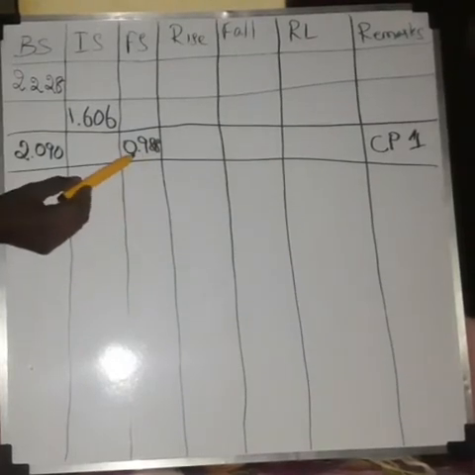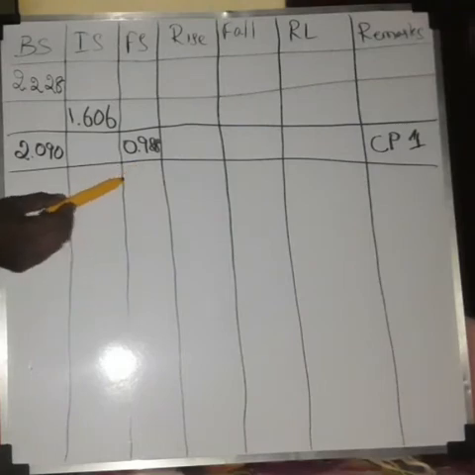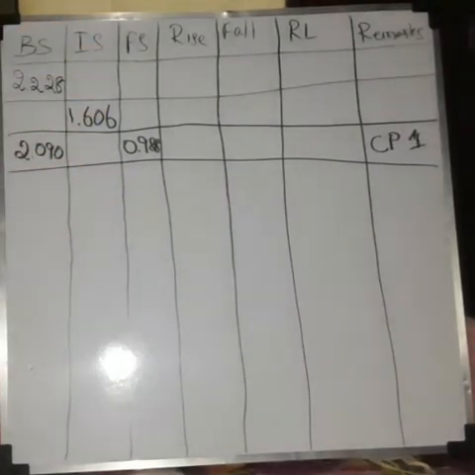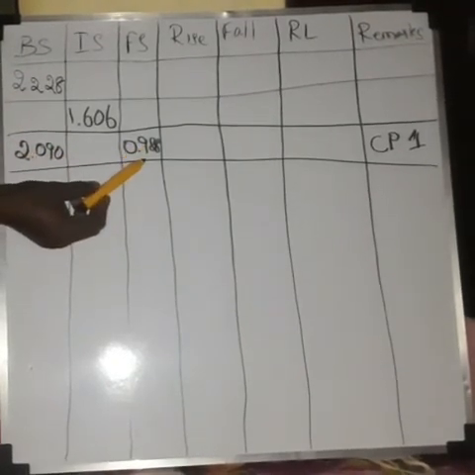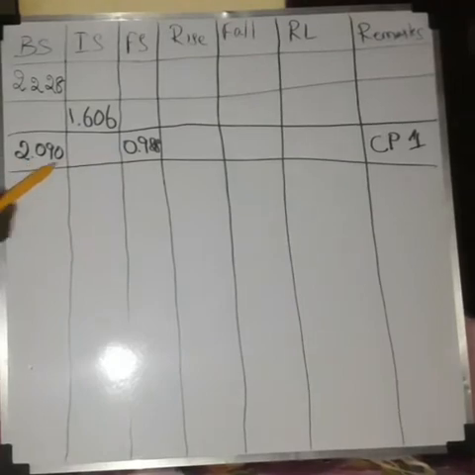From the last reading at the previous station, we continue the next observation. So at the same point I have taken the foresight and also the backsight reading.